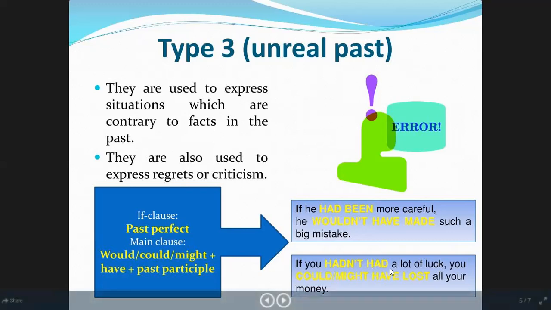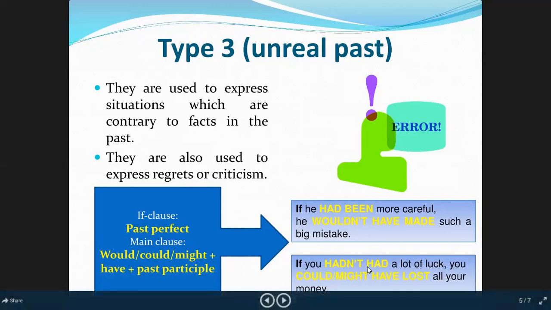So if you hadn't had a lot of luck, you could or might have lost all your money. So what comes here in this combination? Use of would or could or might plus have plus past participle. So in this way, the type 3 conditional sentence has been constructed.